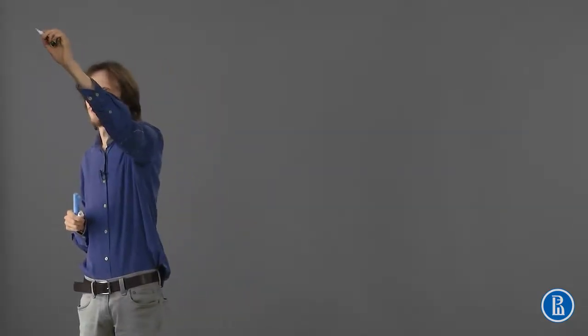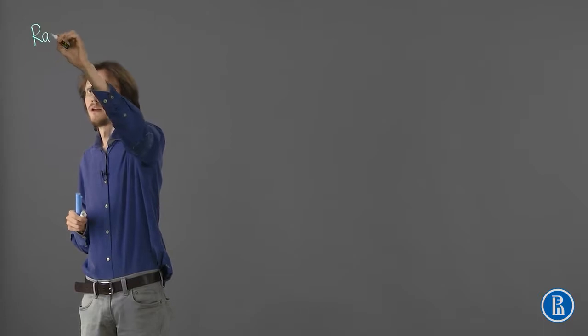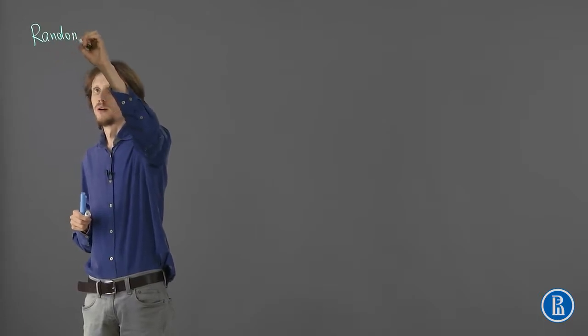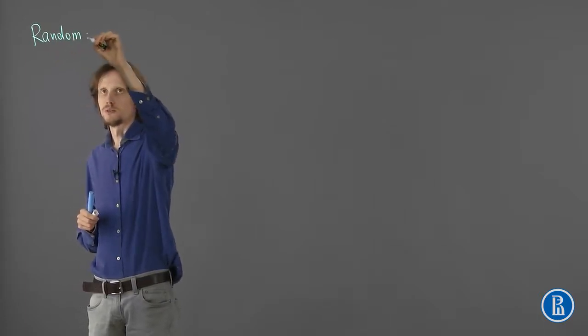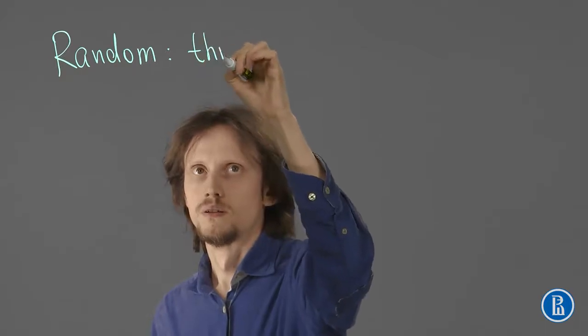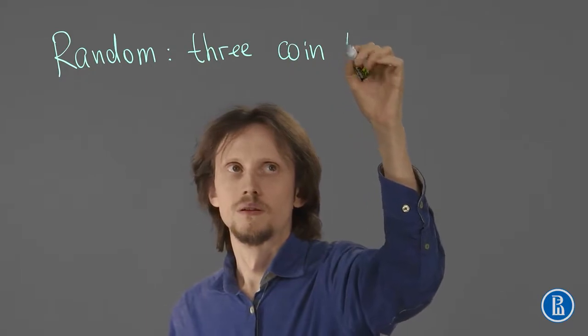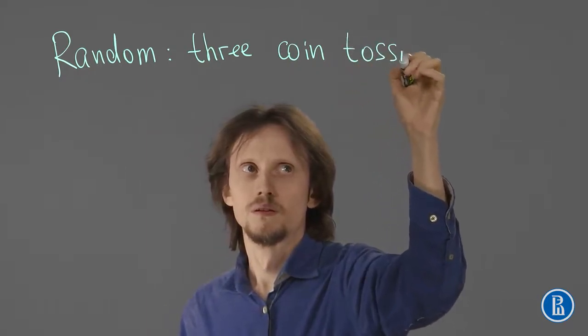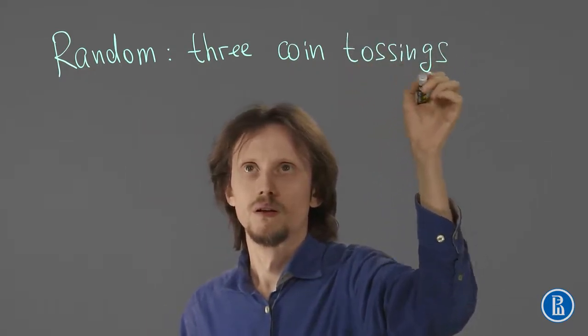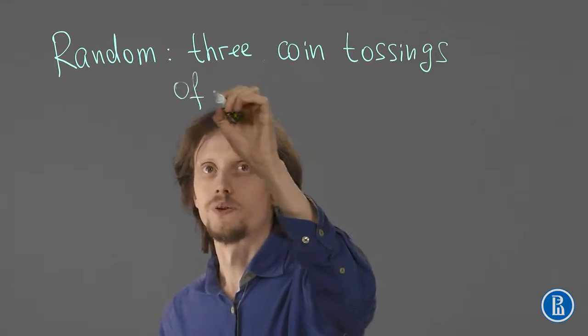Now consider a little bit more complicated example of dependent random variables. Let us consider a random experiment that consists of 3 coin tossing of fair coin.